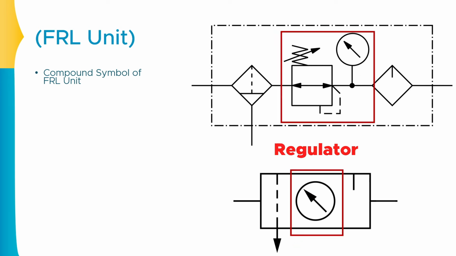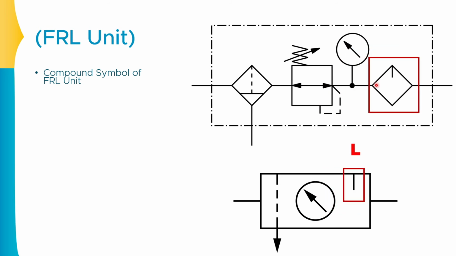And the third one that you are observing is the lubrication system unit. So over here, as you can observe, this is the diamond symbol, and on the top there is one line which represents the lubrication. The same can be simply represented like this. So this is all about the FRL unit.